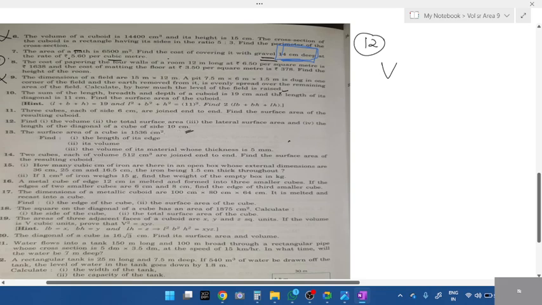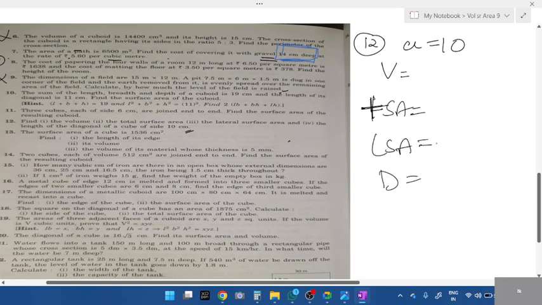Is it a cube? Whatever value is given, take it as A. A is equal to 10. We need to find volume, lateral surface area, total surface area, and length of diagonal.